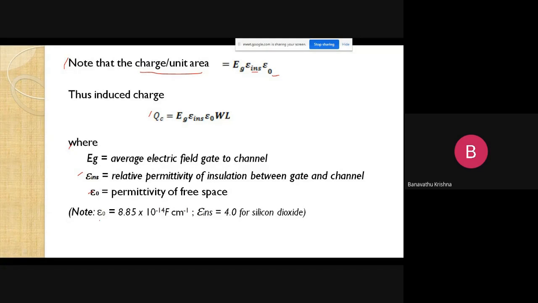Here the epsilon insulation value is for the silicon dioxide layer. So let us remember these values, right?